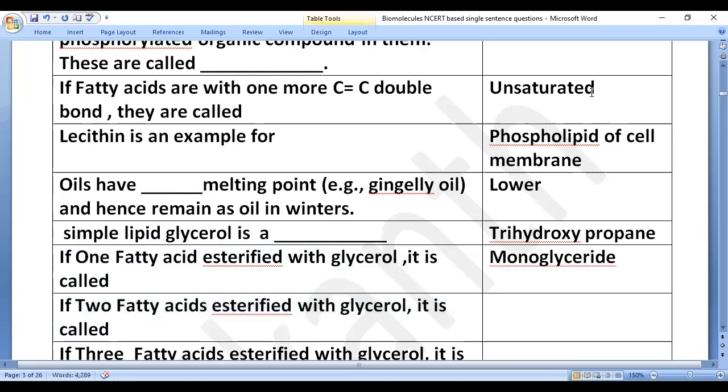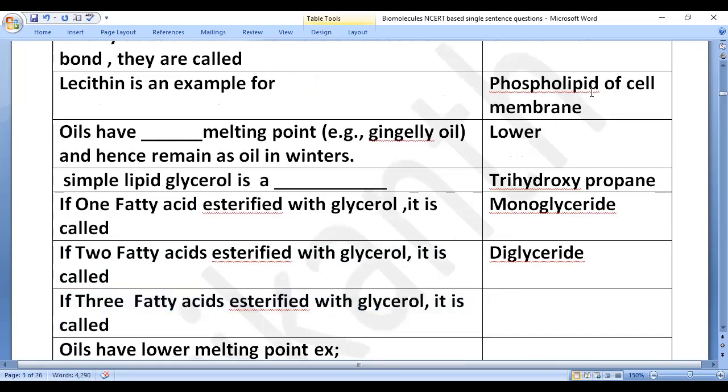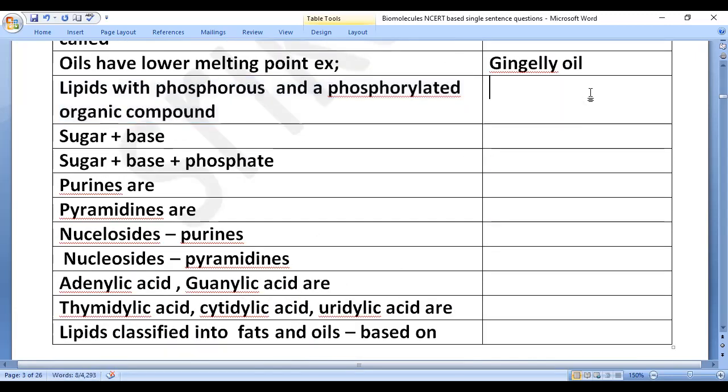If two fatty acids are esterified, it is diglyceride. If three fatty acids are esterified, it is triglyceride. Example: gingerly oil. Lipids with phosphorus and phosphorylated organic compounds are called phospholipids.